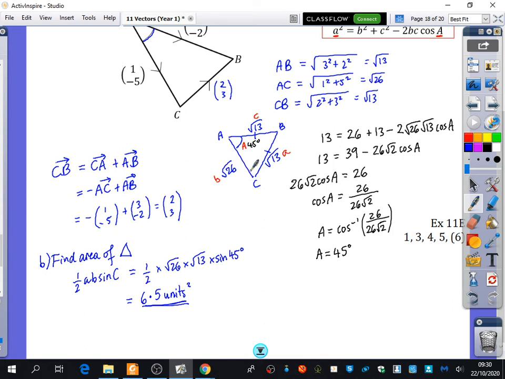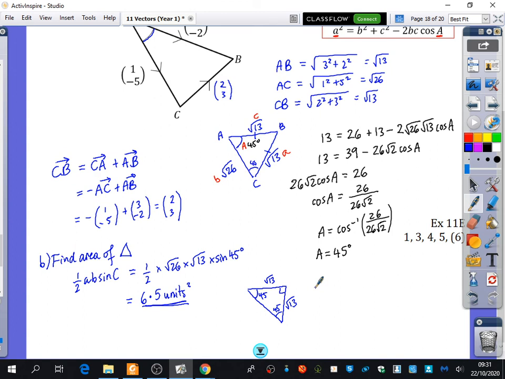So I'm going to draw that sketch again. If this is 45, and if this one is 45, what's this one? 90. So I'm going to draw that triangle again. It's actually like this. It is root 13. This is 45, this is 45 because it was an isosceles triangle, and this is 90.